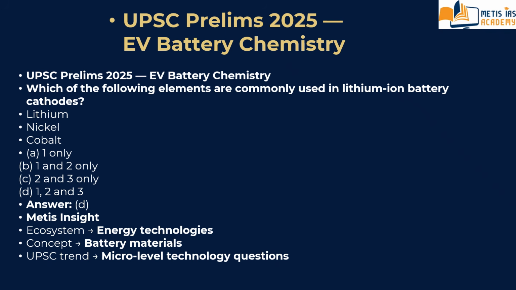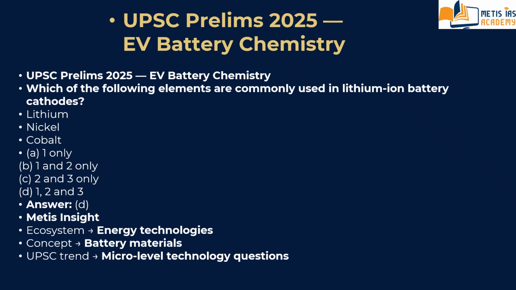2025: Which of the following elements are commonly used in lithium ion battery cathodes? Again asked on materials: lithium, nickel, cobalt. In 2023 and 2025, more or less the same question was asked regarding battery chemistry. You have to analyze and focus on the main things UPSC is particularly repeating again and again: ecosystem, energy technologies, concept of battery materials.